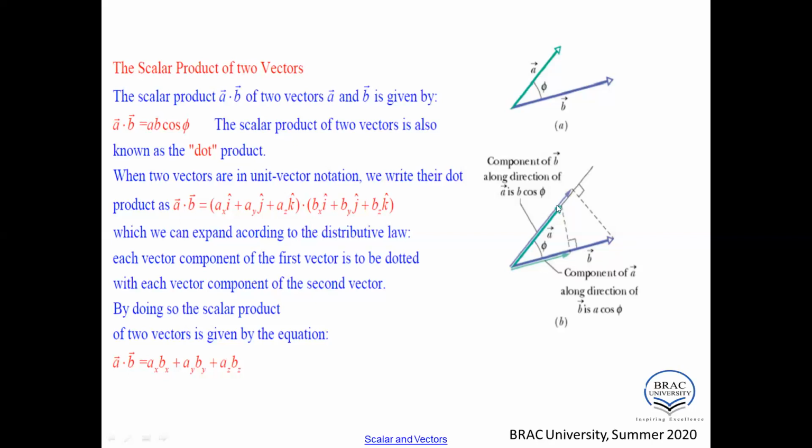So this is the component of vector A along the direction of vector B, which is A cos phi.